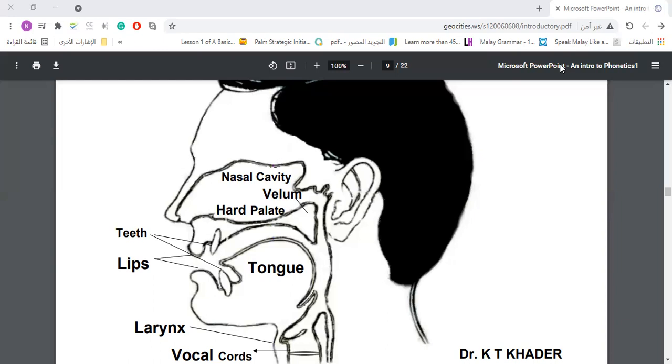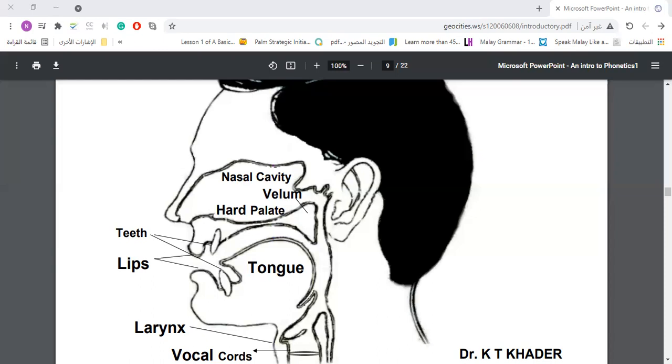As you can see in the picture, let's start from the top. We have nasal cavity, velum, hard palate, teeth, lips, tongue, larynx, and the vocal cords.